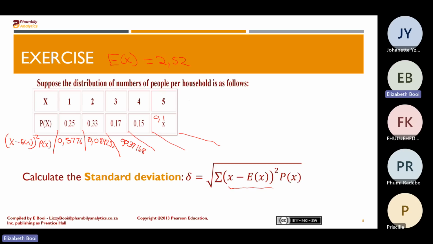Then go to the next one. 4 minus 2.52 equals, square the answer, multiply by 0.15, and the answer here is 0.32856. And the last one is 5 minus 2.52 equals, square the answer, multiply by 0.1, which equals 6.25. Do you all get the same answer as me?